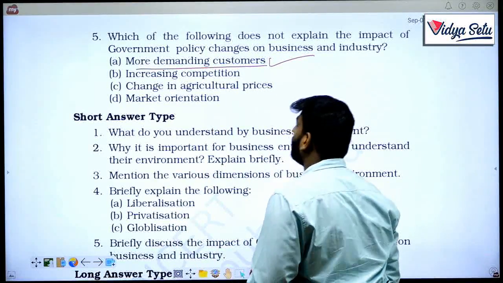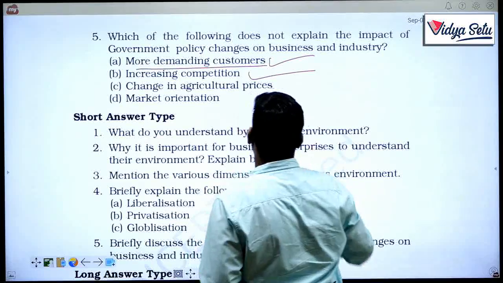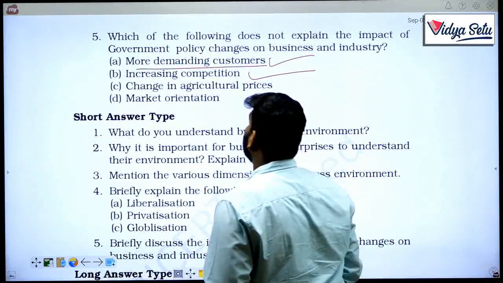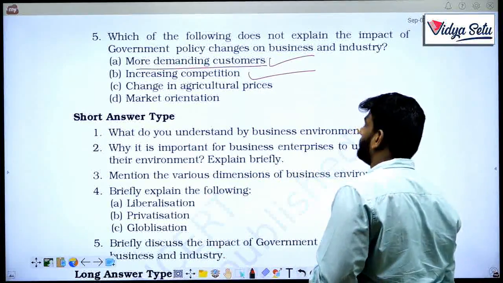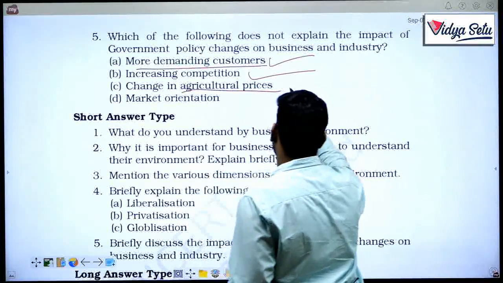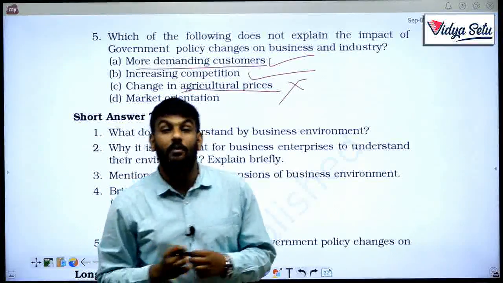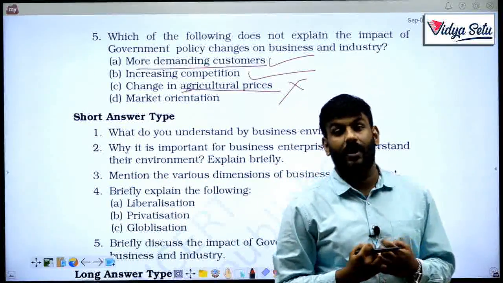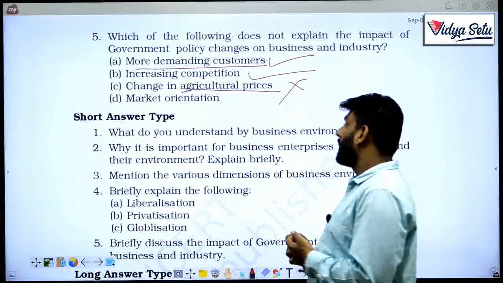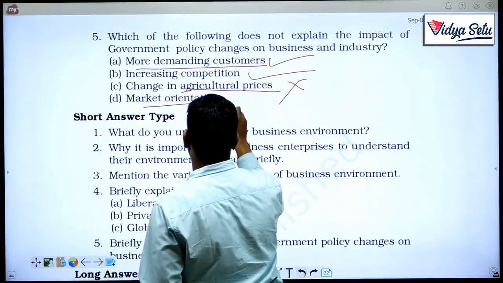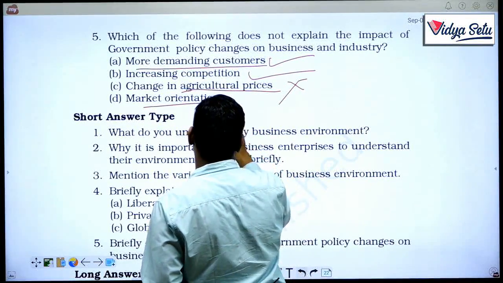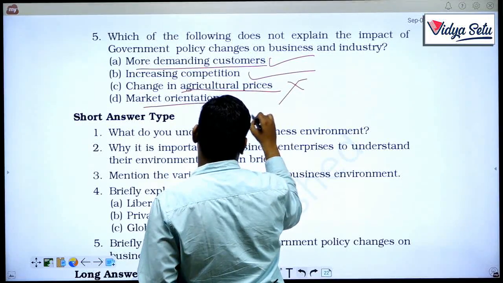Next is increasing competition, it is the impact. Yeah, new entrants are entering the market. Next is change in agriculture prices. No, that was not an option. Change in agricultural prices does not have any challenge or any impact on the business environment regarding government policies. Or market orientation, yes, this is the challenge, as it is compared with market and product orientation too.